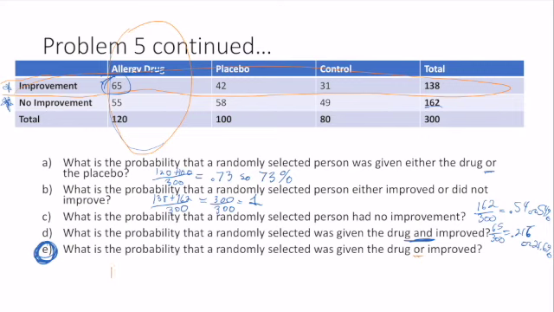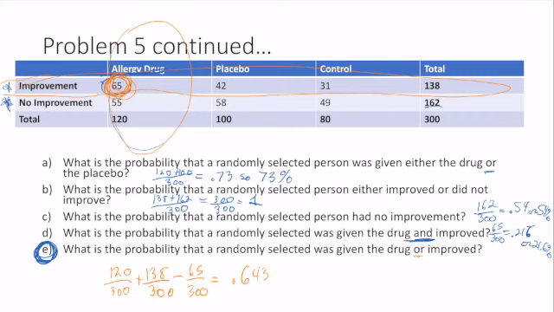Now, the way we do this is by taking all those who took the drug, plus all those who improved. But the problem is I counted these people twice, right? I counted them because they took the drug, and I counted them because they improved. So I have to subtract that.